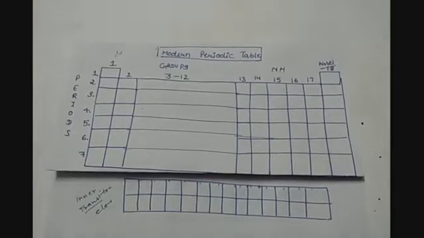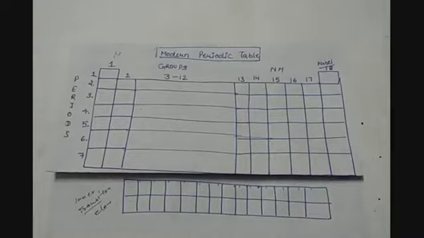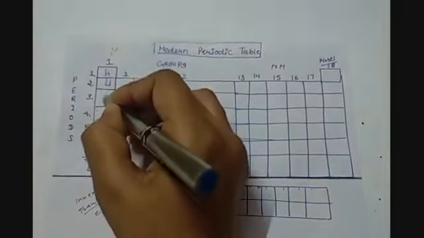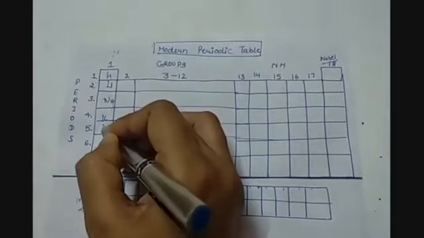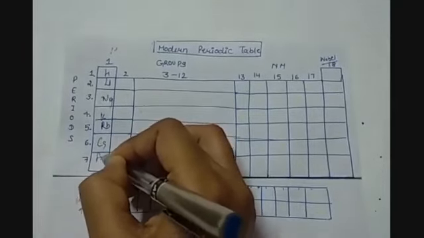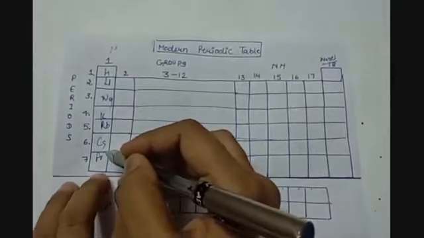So let us try to fill the groups that we have studied now. In group number 1 we have hydrogen, lithium, sodium, potassium, then rubidium, cesium and francium. This group number 1 is known as alkali metals.